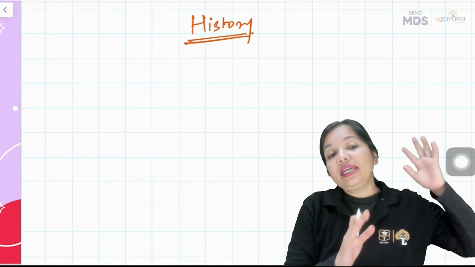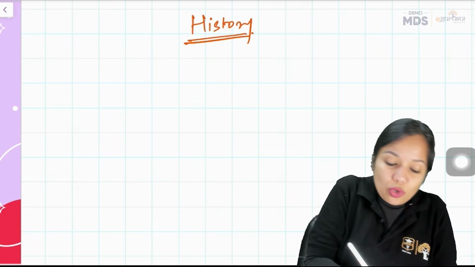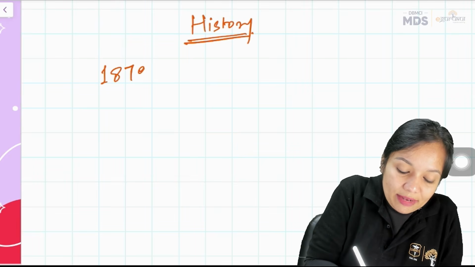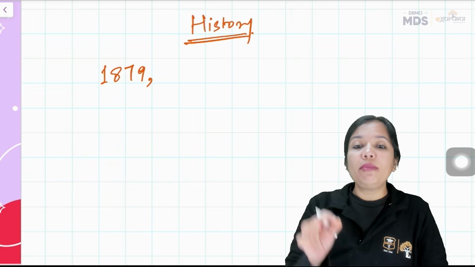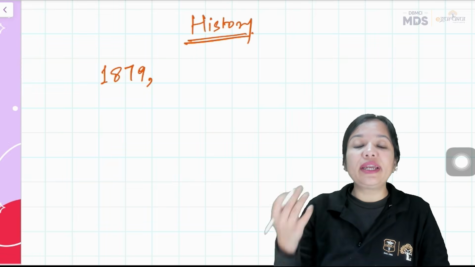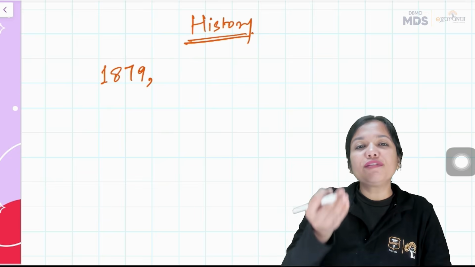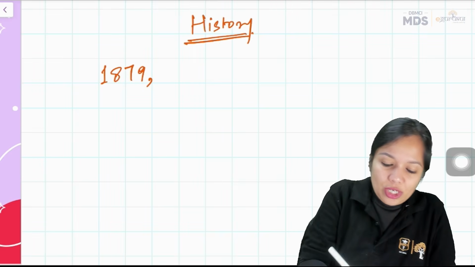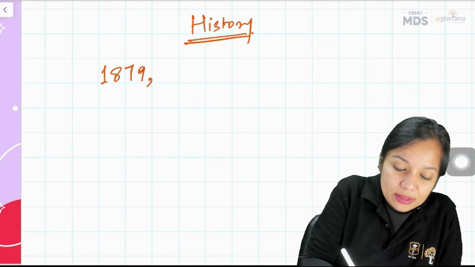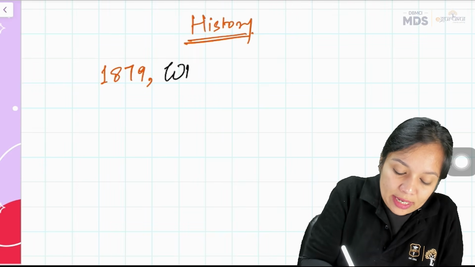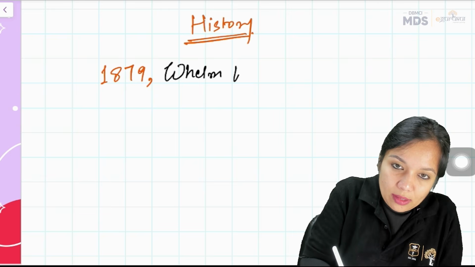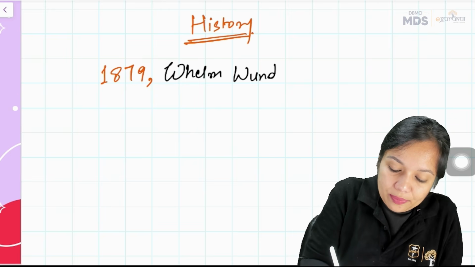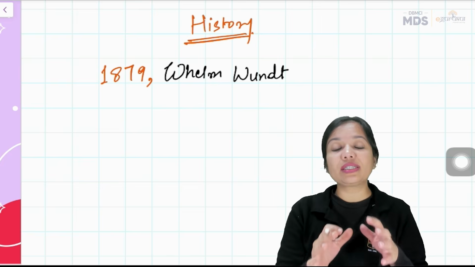In 1879, my God, so early. In 1879, Wilhelm Wundt, the father of scientific psychology, opened the first laboratory for psychology. Who was he? He was Mr. Wilhelm Wundt.